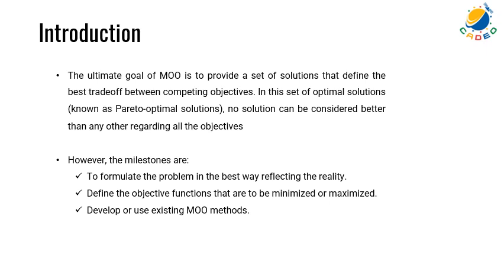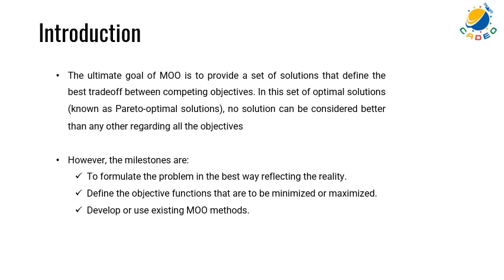But to get there, we need to follow a few important steps. First, we have to describe the problem in a way that really reflects reality, shows what's happening in real life. Then, we need to decide on the things we want to make as good as possible, which we call objective functions. So we need to formulate objective functions.